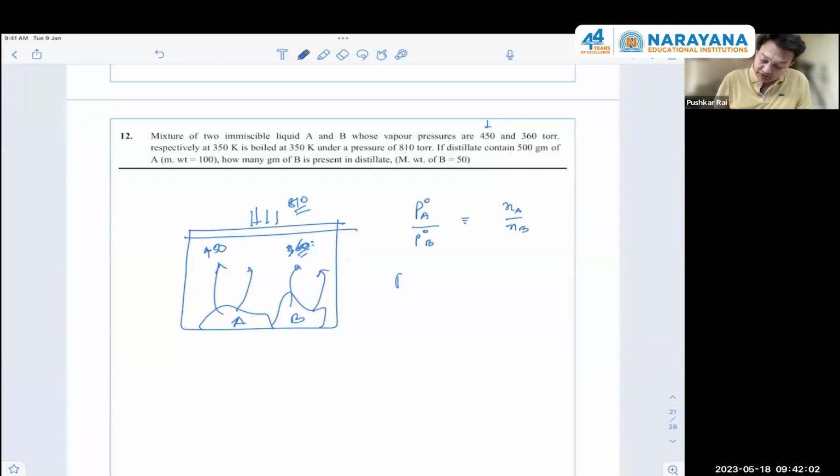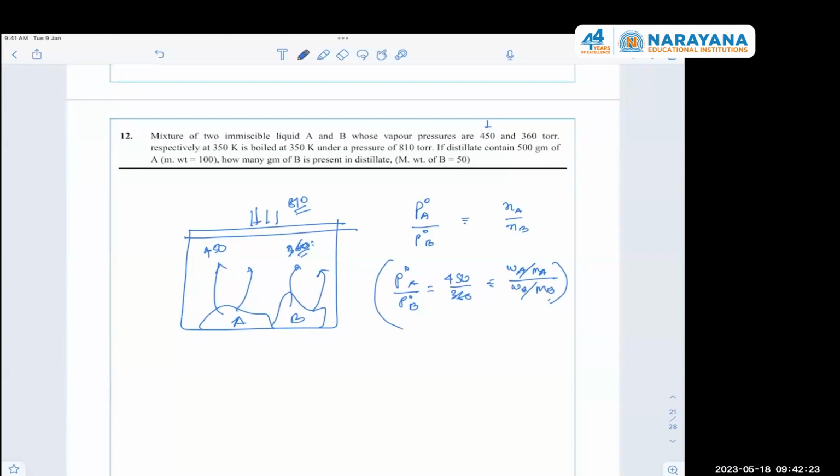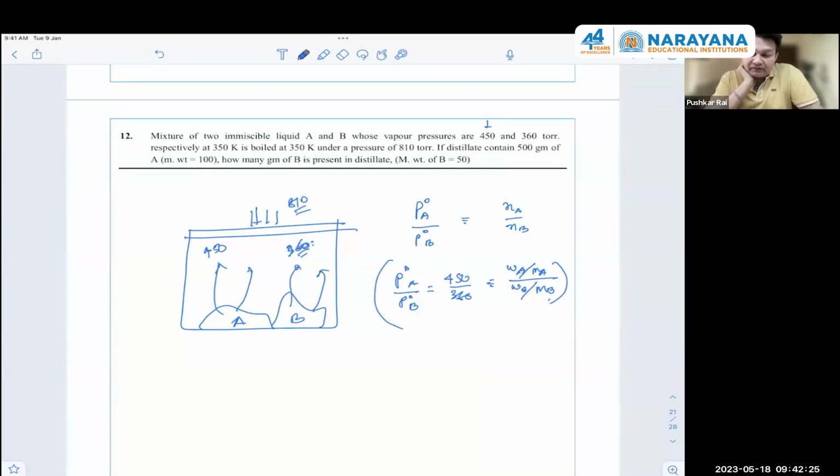You simply have to do this: P naught A upon P naught B, which is equal to 450 upon 360, is equal to NA upon NB, which is WA upon MA divided by WB upon MB. Done? Yes, sir. Okay.